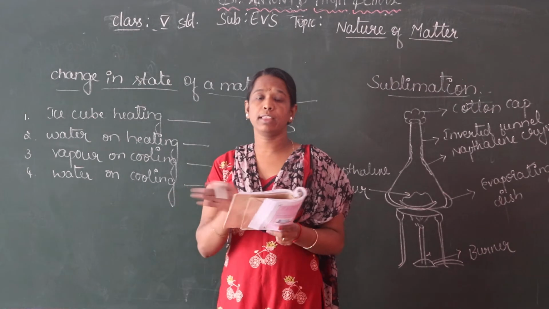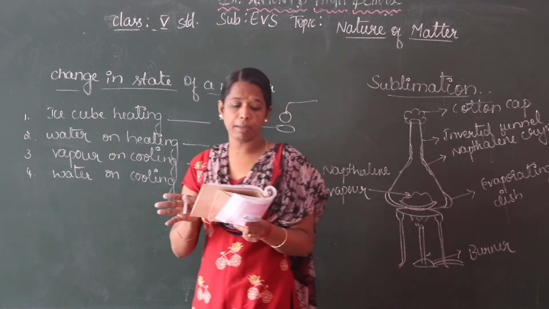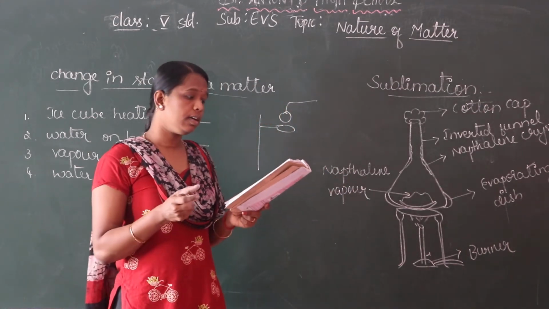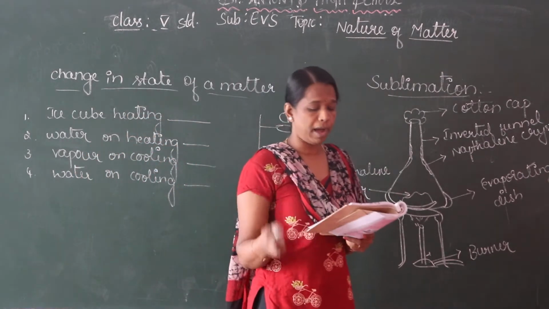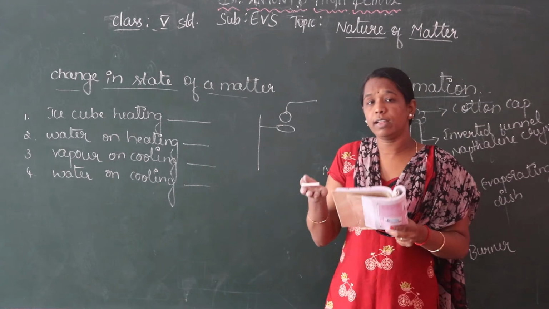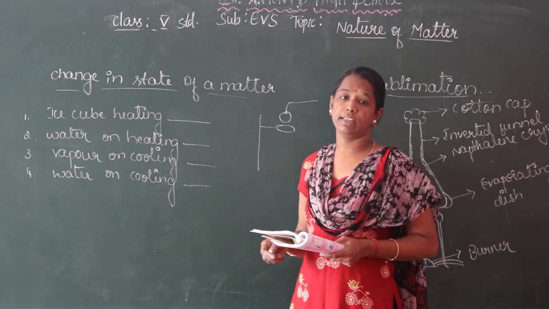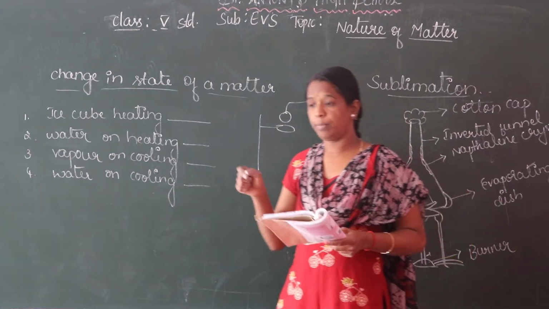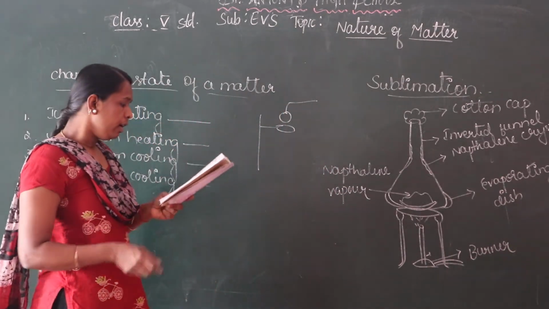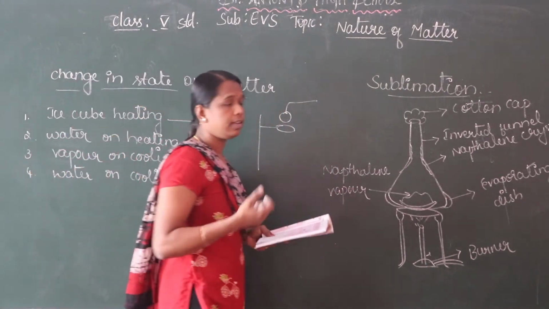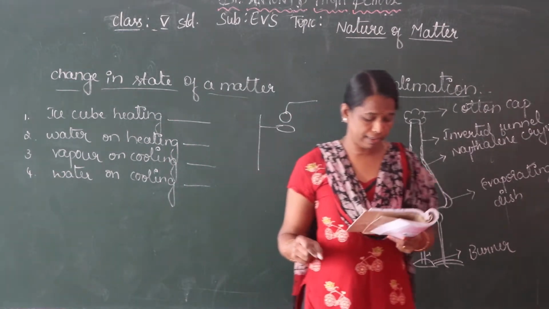When we roll the bottle between our palms, what happens? The water level in the tube rises. So the pressure is exerted on the water.